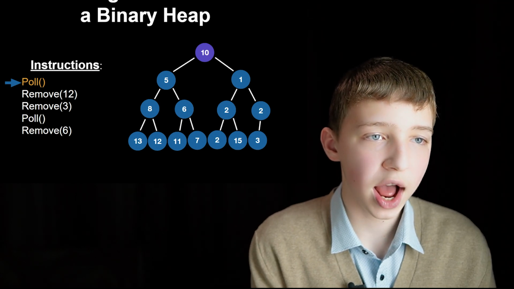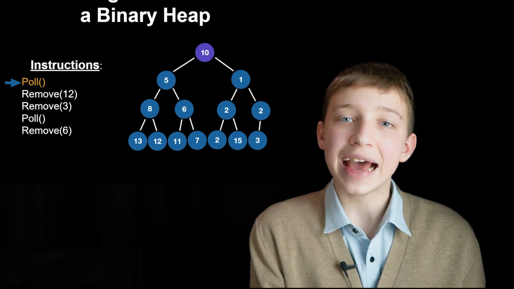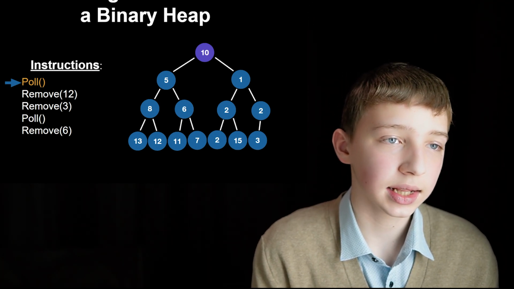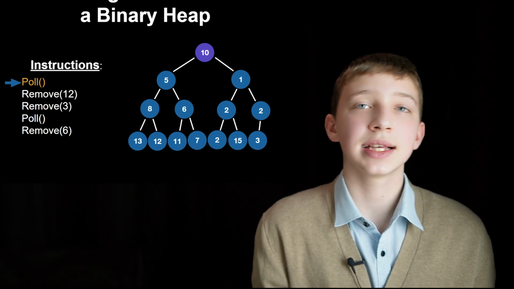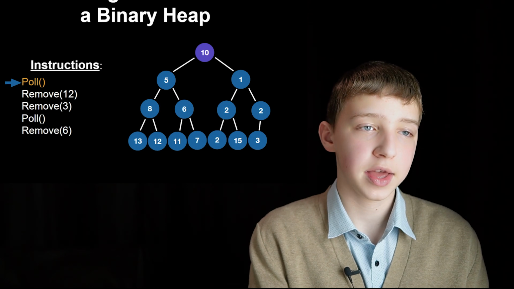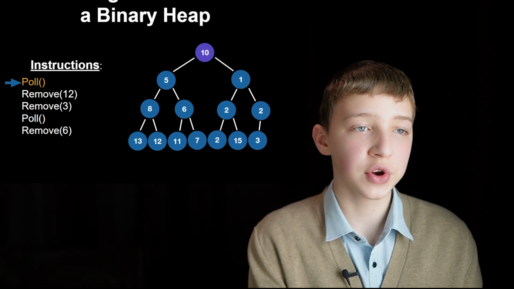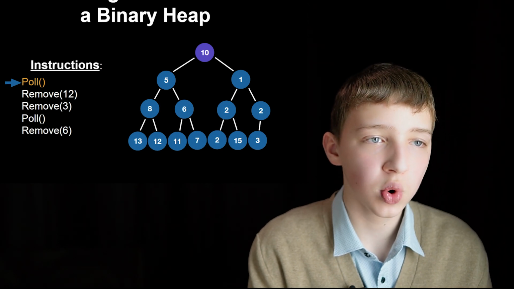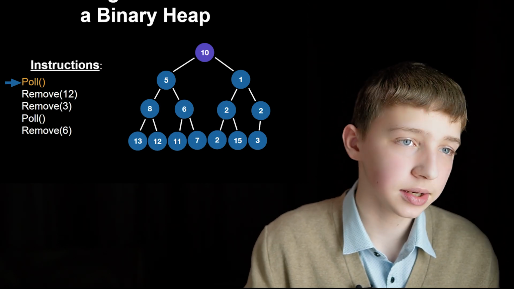And now we have a violation of the heap invariant, as 10 is greater than 5, and 10 is the parent node of 5. So that means we want to bubble it down or sink it.